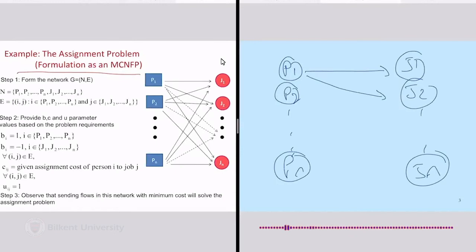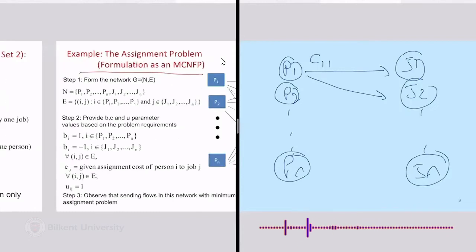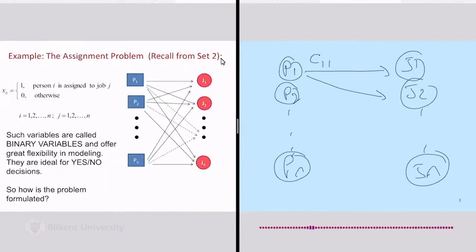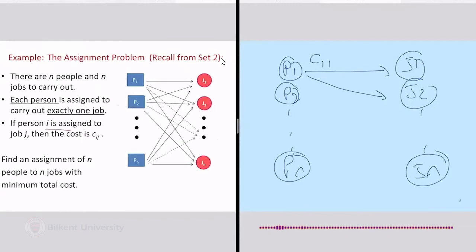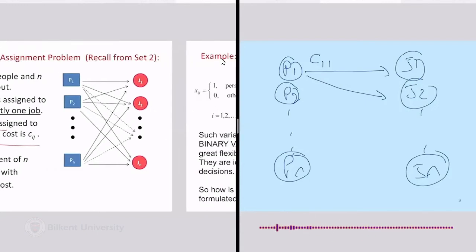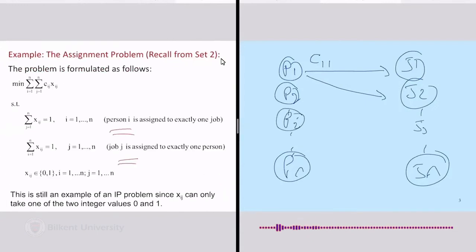Now I'm going to write the cost, so C11. I know the cost of assigning job 1 to person 1. I already have it in my original problem structure, right? If person i is assigned to job j, then the cost is Cij. That was given to us. So there is a person i in here, and there is a job j in there.